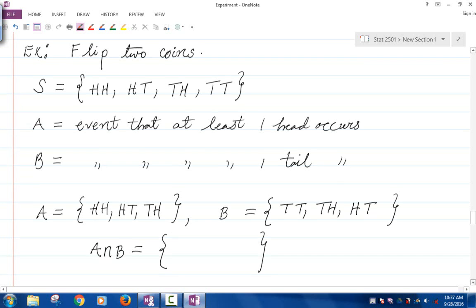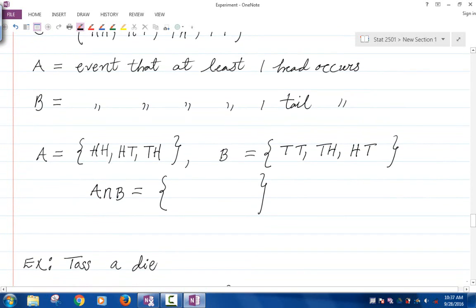Okay, so what is the intersection of A and B then? HT, TH. Now, can somebody describe A intersect B in words?